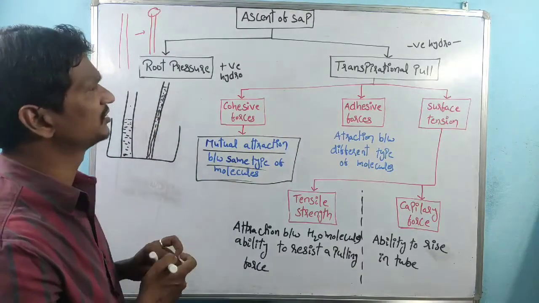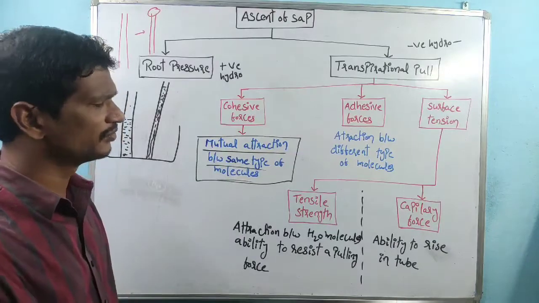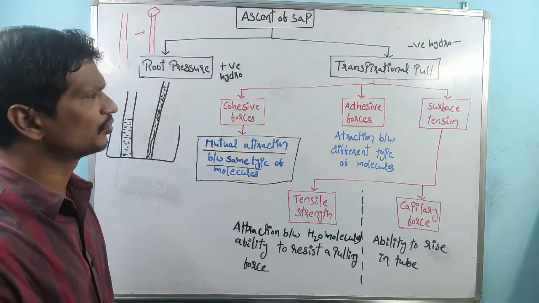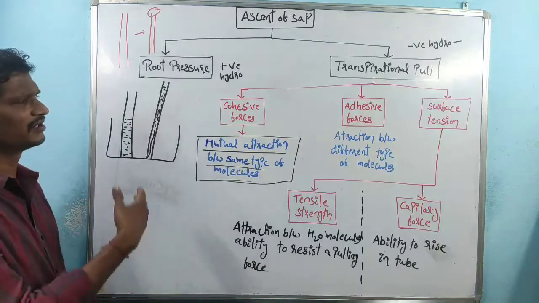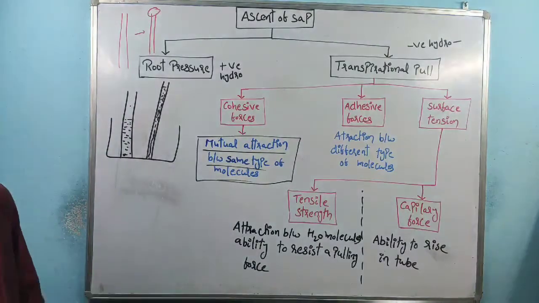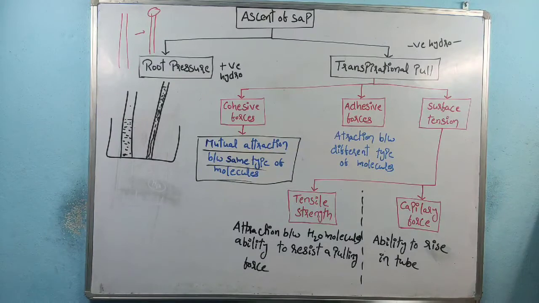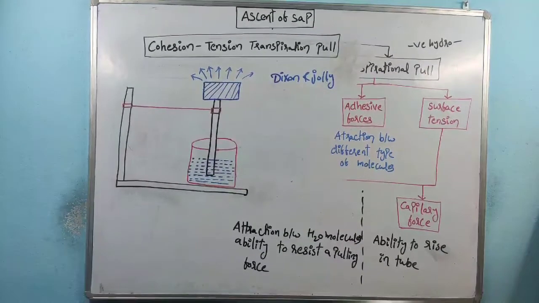So that is the transpirational pull mechanism, also called cohesion tension transpirational pull. One experiment is given, and I will explain it now.